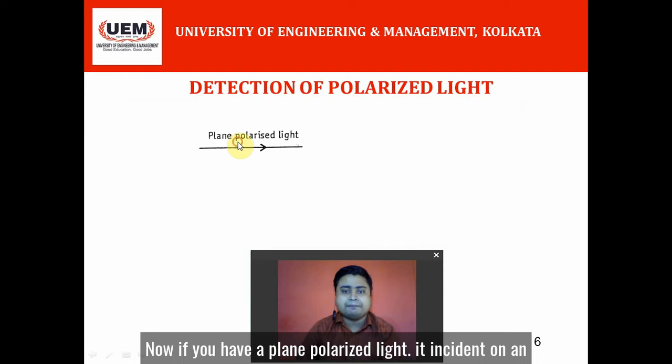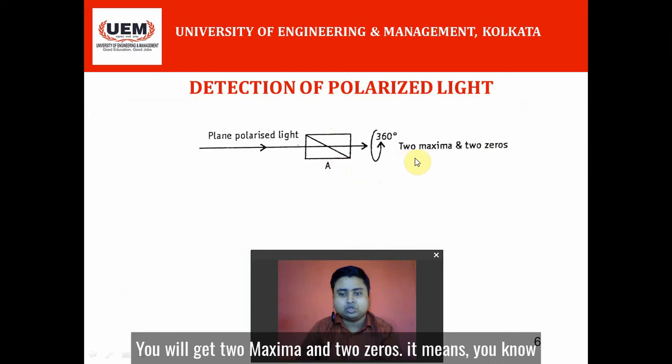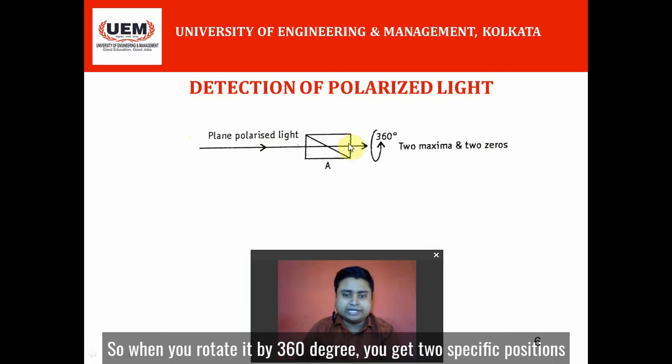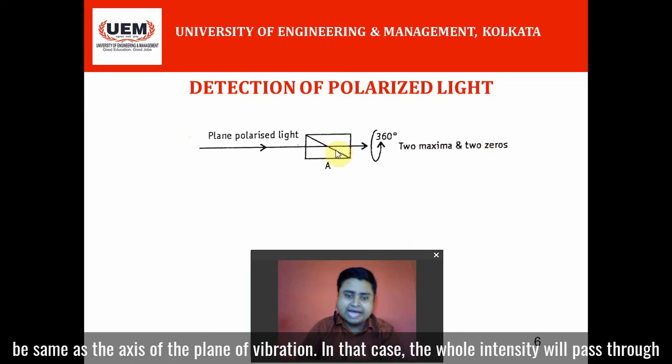Now if you have plane polarized light incident on a polarizer or analyzer, say a nicol prism, and you rotate it by 360 degrees, the same procedure, you will get two maxima and two zeros. It means for plane polarized light there is one plane of vibration. So when you rotate it by 360 degrees, you get two specific positions. For one, the axis of the analyzer is the same as the plane of vibration.